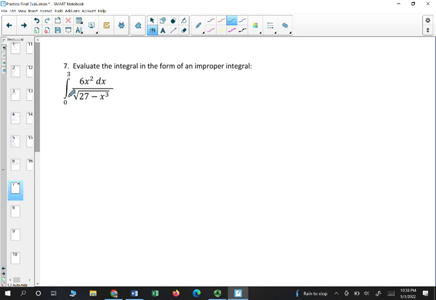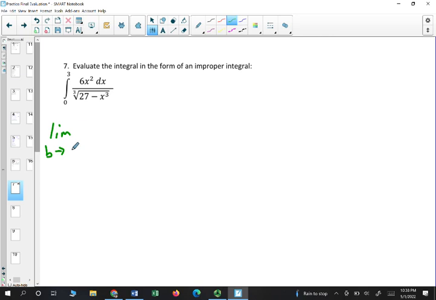On this interval from 0 to 3, we notice if we had a 3 in the denominator, that would give us undefined. Okay, so between 0 and 3, as our interval is approaching 3 from the left, so from the minus side, we would get it undefined.